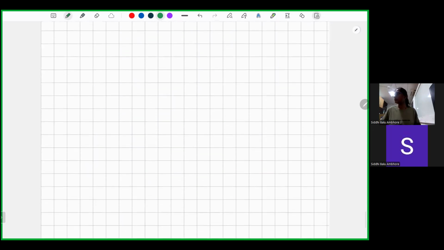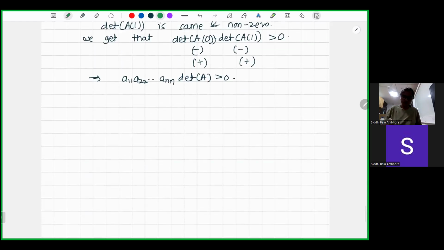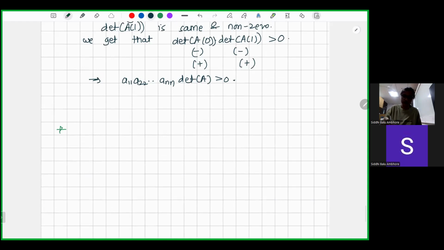We'll move to the next question now. This question is related to permutation groups.